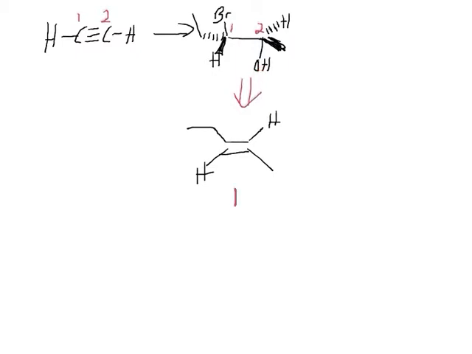So what ways do you know how to make a trans alkene? What's the starting material for a trans alkene? Not the reagents, what's the starting material? An alkyne. Has to be an alkyne. Good. Now we're back to the alkyne, all the way back.